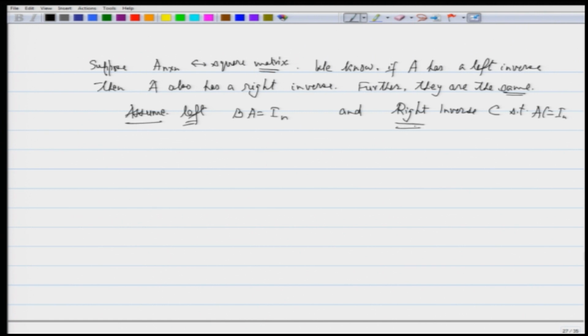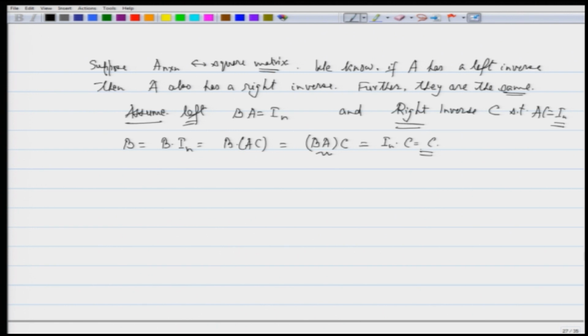Then I would like to show that B and C are the same. So, what you can do is write B as B times identity, which is the same as B times AC. Associativity helps me to write this as BA times C. Now, I can use the idea of left inverse to write this as identity times C, which is C.